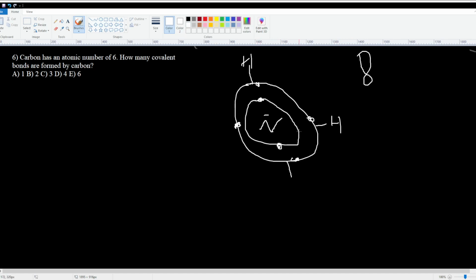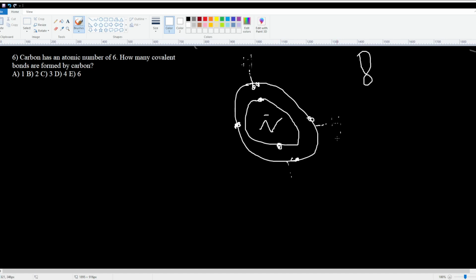Nitrogen has an atomic number of 7. So if nitrogen has an atomic number of 7, then we're going to have 2 in the inner shell, and then 1, 2, 3, 4, and then 5.